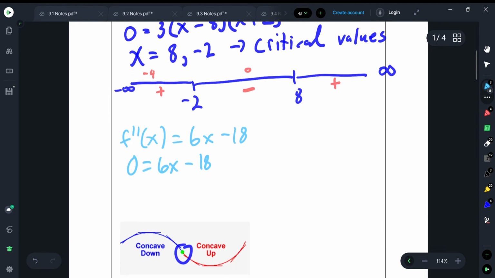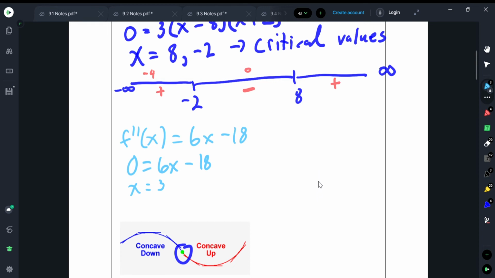Obviously, we're going to set that equal to 0. Move that over, so x is going to equal 3. So at 3 is where this function changes concavity. It goes from concave up to down, or down to up. So let's go back here and try to find 3.